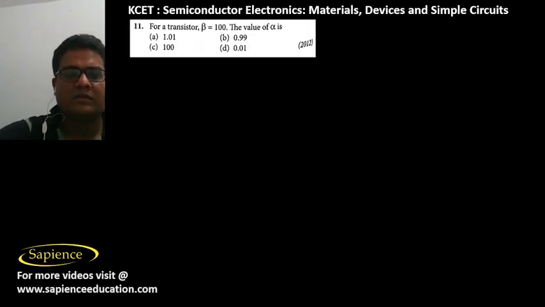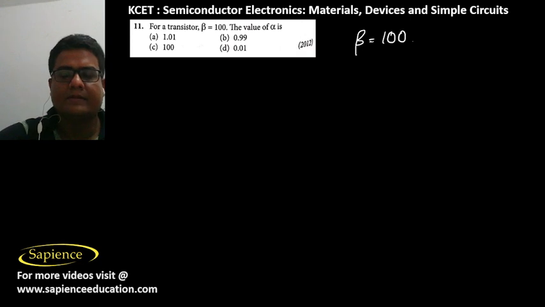And question number 11, so for a transistor, beta equals 100, so what is the value of alpha? So we know that the value of beta is equal to alpha by 1 minus alpha.